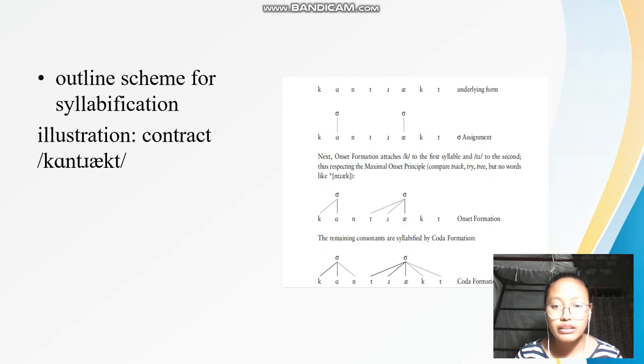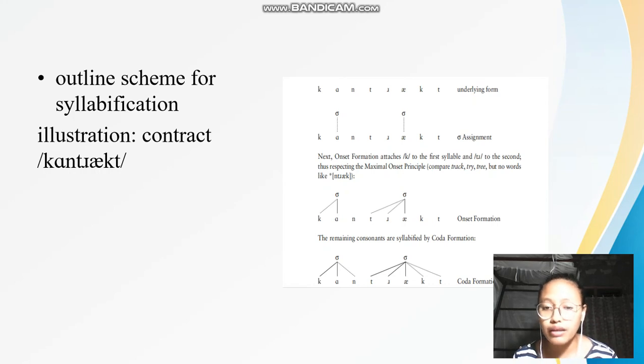Here, with the word contract, we have two syllable sounds, and then we do the onset formation. Here, we join the consonant sound that precedes the syllable. We have the consonant k here and the consonants t and r. So we join the consonant k to the first syllable and the consonants t and r to the second syllable.